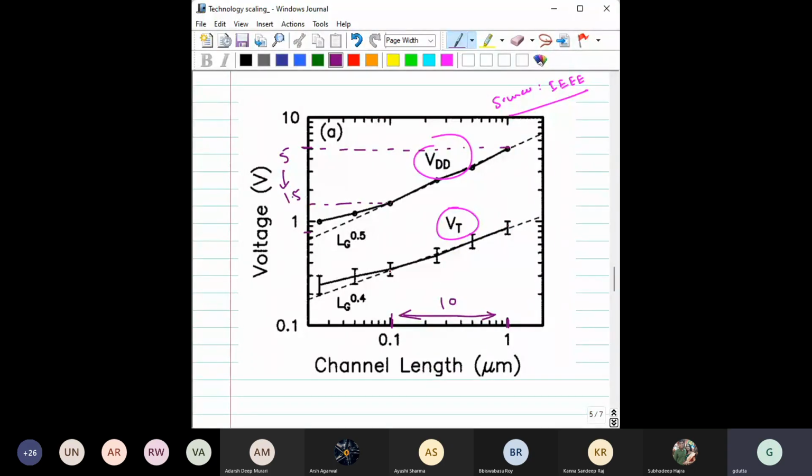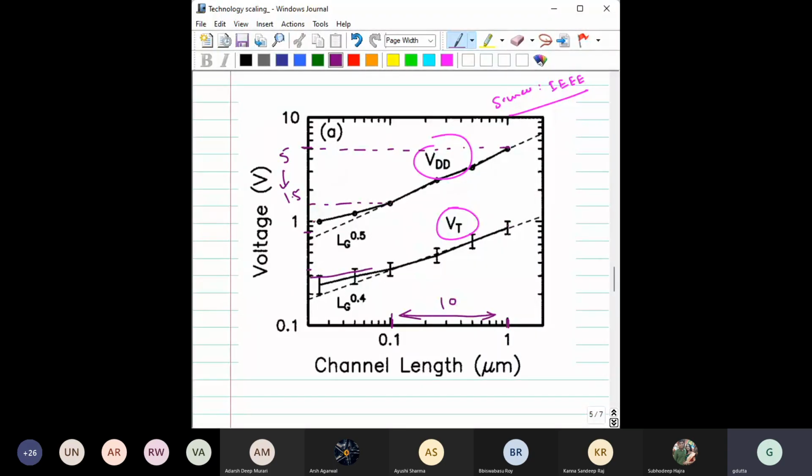Then at 100 nanometer the VT has become 0.35, and it will be really hard to go beyond this VT. We really cannot go beyond this. Now it is getting stagnant. Threshold voltage VT we cannot reduce further.